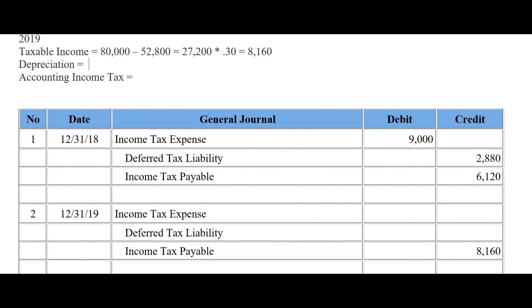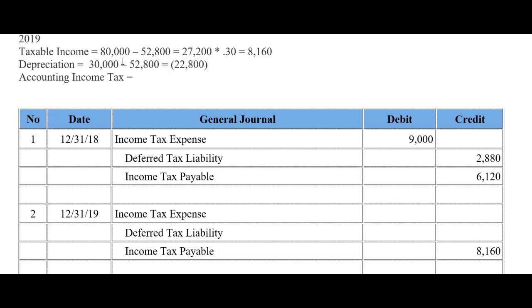Now, let's talk about the difference in depreciation here. So what we've got, again, straight line was $30,000 minus the $52,800 gives us a difference of $22,800.